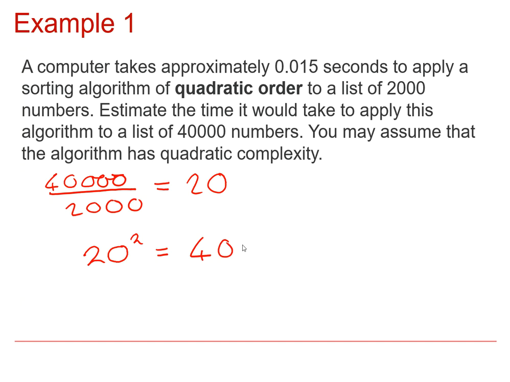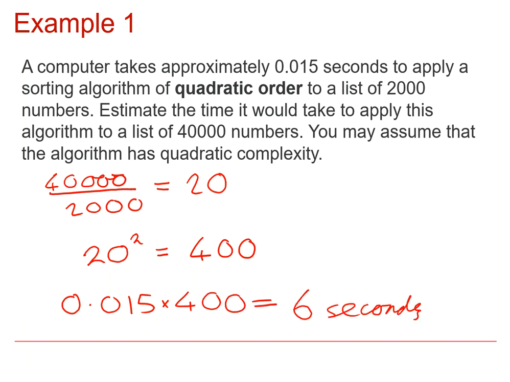So because the list is 20 times longer, the time is going to be 400 times longer. All we need to do now is take the original time, which was 0.015, and multiply it by 400, and that comes out as 6 seconds.